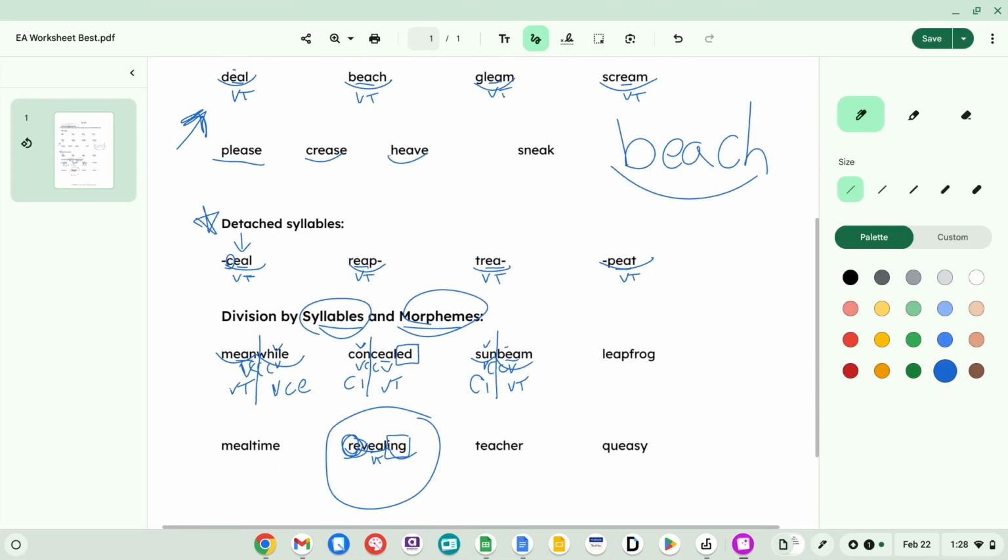And then for a multisyllabic word, let's go with this one here. If they were trying to spell this word, I would say the word teacher, hum the word teacher. Okay, what's the first syllable? They would say teach. Okay, tap it out. T, E, ch. Attach the letters. T, EA, CH.